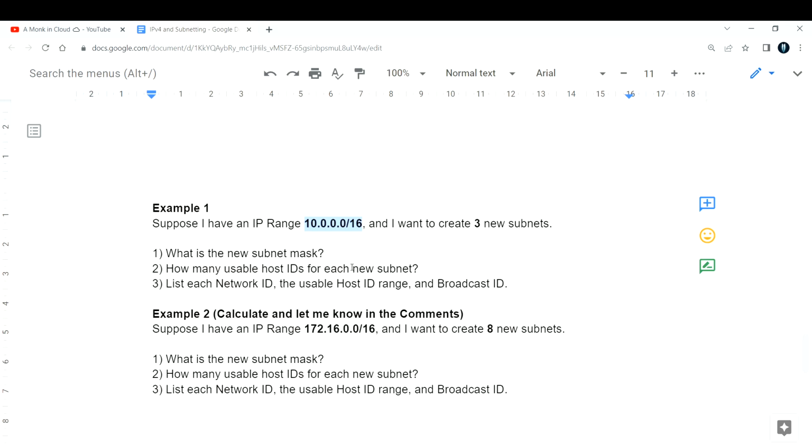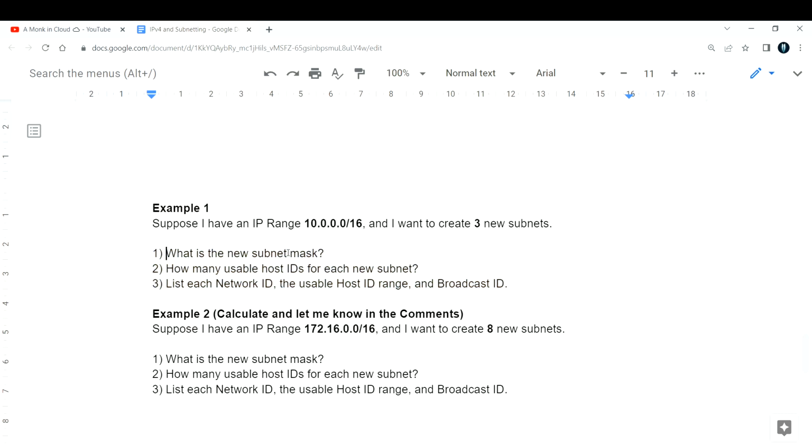Create three subnets and let me know the details, right? So how will you create subnets? How will you divide this network? To tackle that, we need to answer these 3 questions. If you answer them, you will be able to get those details.